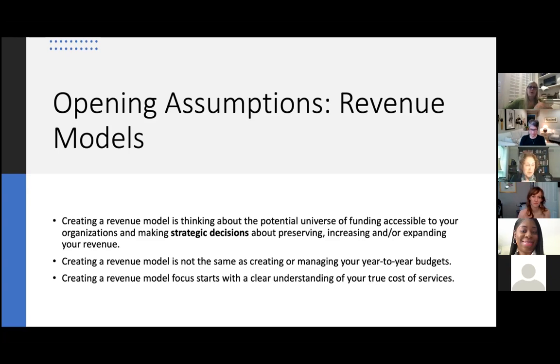Creating a revenue model is thinking about the potential universe of funding accessible to your organization and making strategic decisions about preserving what you have, increasing that area of the pie, or expanding revenue into a new area that you're not in already. It's not the same as creating a year-to-year budget. I get that everybody's saying, these are my costs and this is what I need to raise, but it's really a part of your business plan for your organization.